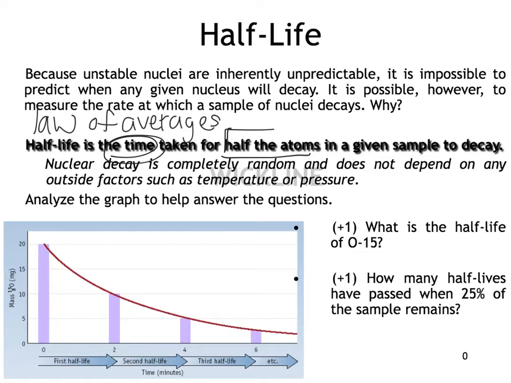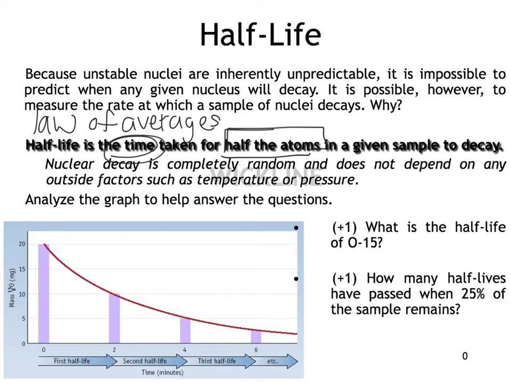that whenever a half-life has passed, that half of the atoms have decayed. But the thing that will differ from element to element is how long that takes, which is why the half-life is really a unit of time. So a note that I should say before we go any further, though, is that this idea of nuclear decay is completely random, and it does not depend on any outside factors.